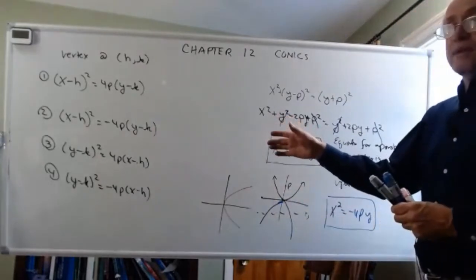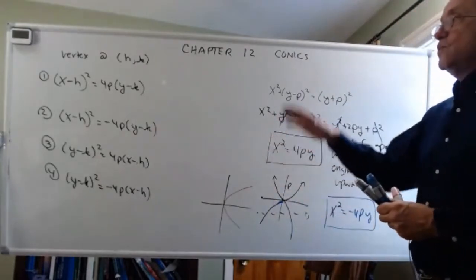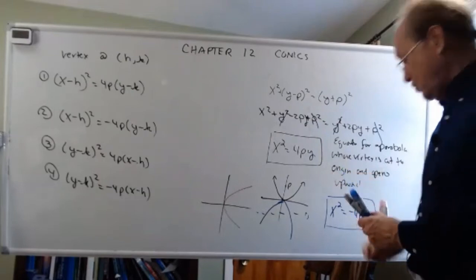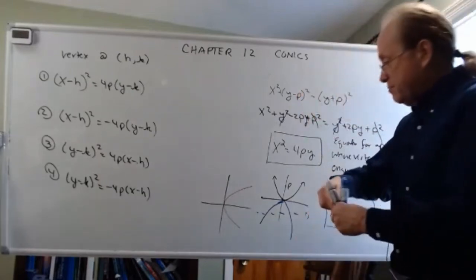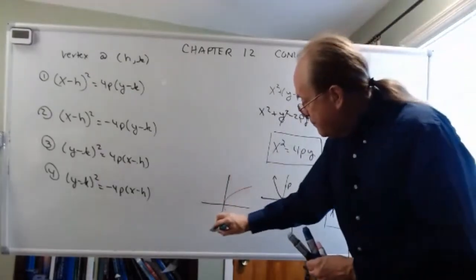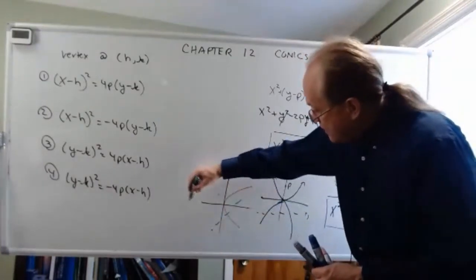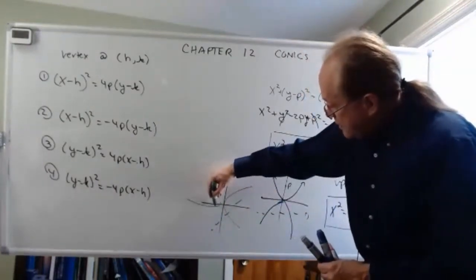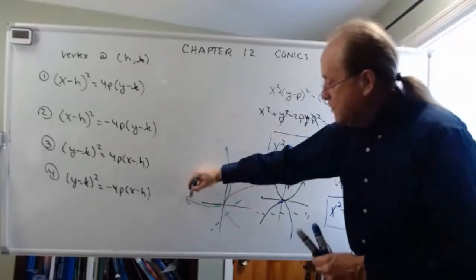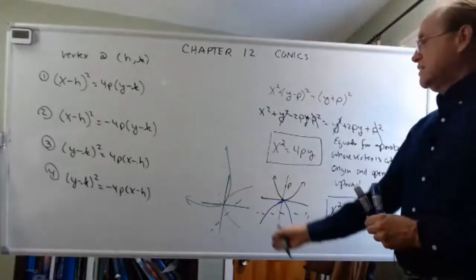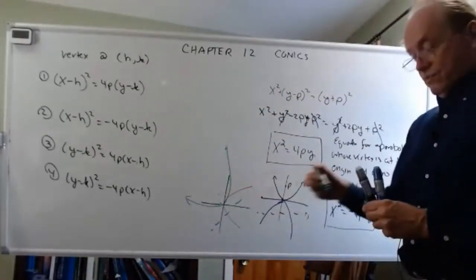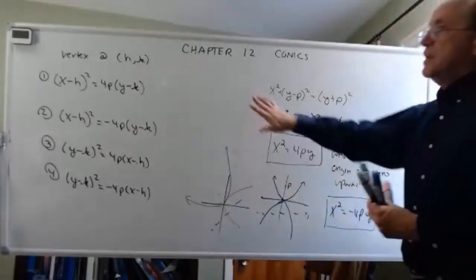Now, there are other types of parabolas that we could do. They're much more complicated. We could get a skewed one, where we have some other fixed line in this direction and have it open up, say, in this direction here. We're not going to do those. They're either going to open upwards or downward or left to right, and then we just shift it in the plane.